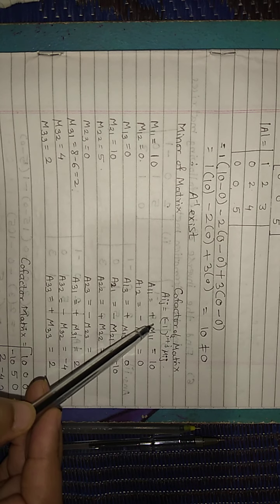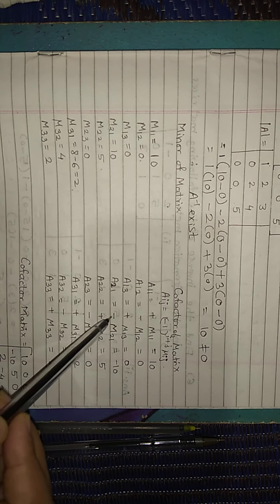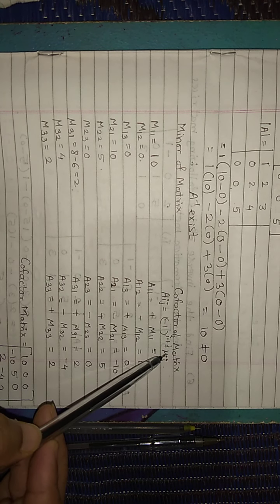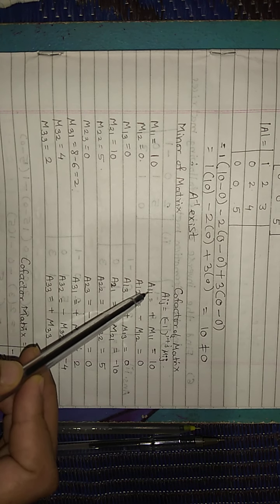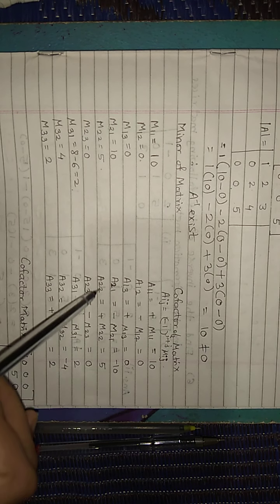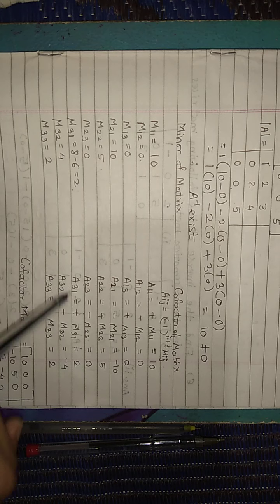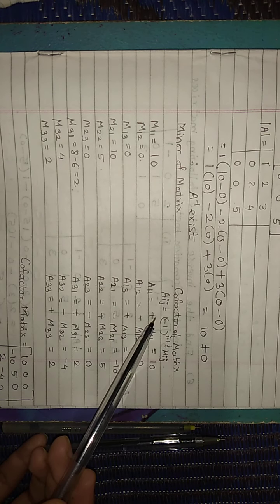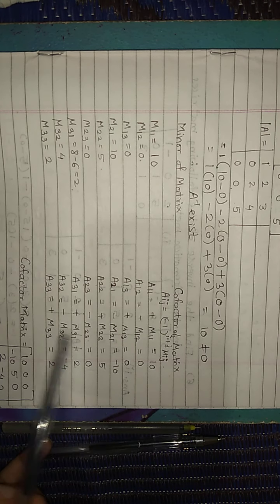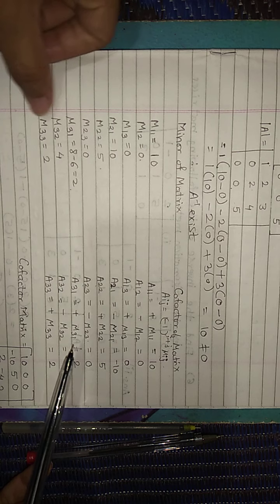So we write the signs: plus, minus, plus, minus, plus, minus, plus, minus, plus. Then Mij: M11, M12, M13, M21, M22, M23, M31, M32, M33. The signs remain as they are and we put in the values from the minors.